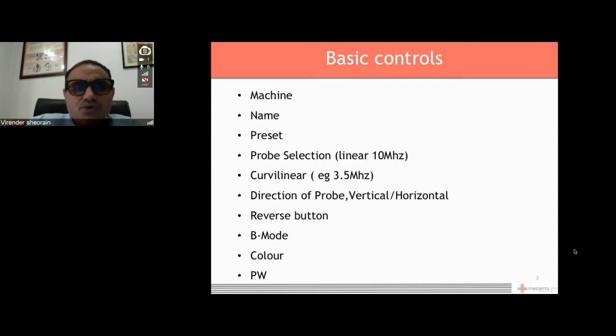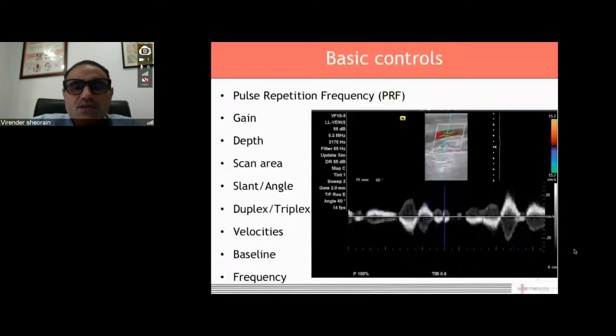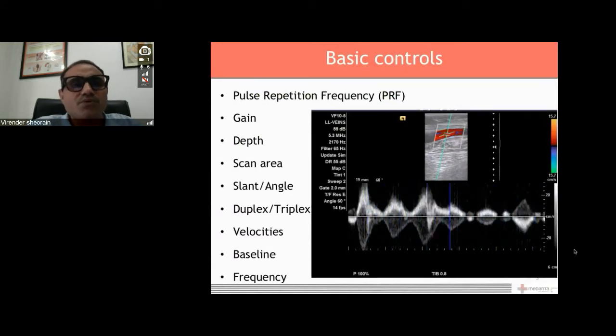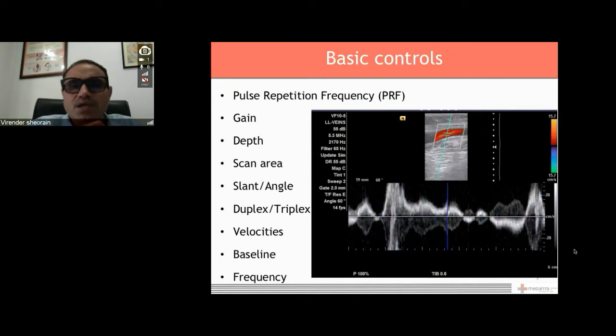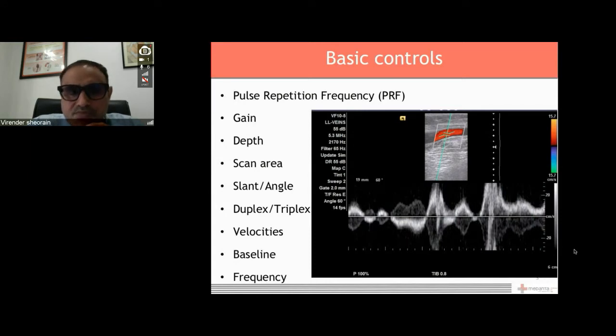You need to know your basics before going for a study on ultrasound or a duplex. The basic controls to know are the PRF, which is the pulse repetition frequency, gain, depth adjustment, and the scan area. Then the angle: while doing a Doppler the insonation angle should be perfect, because if you are not at the right angle, the value you get will be false.